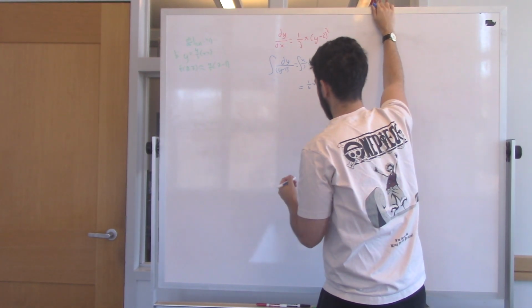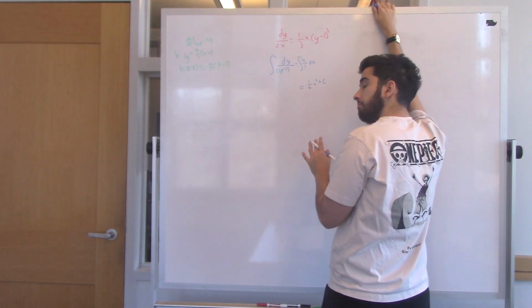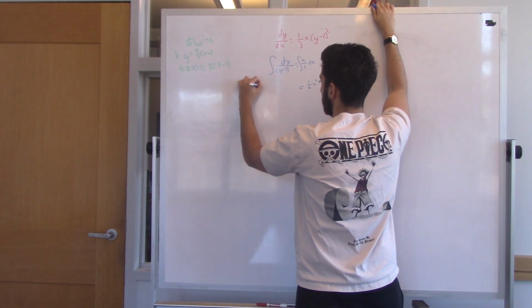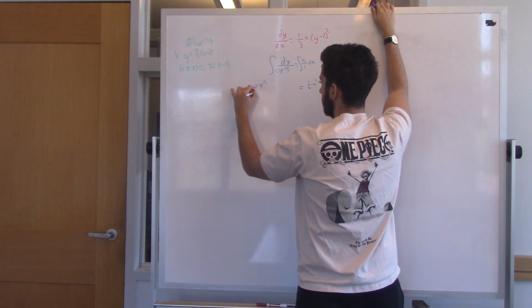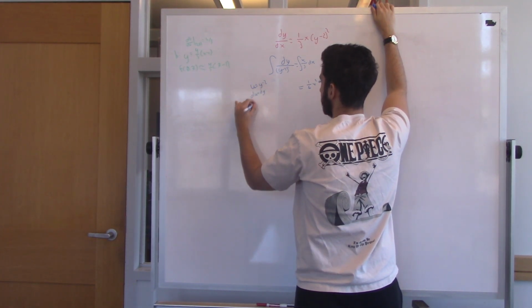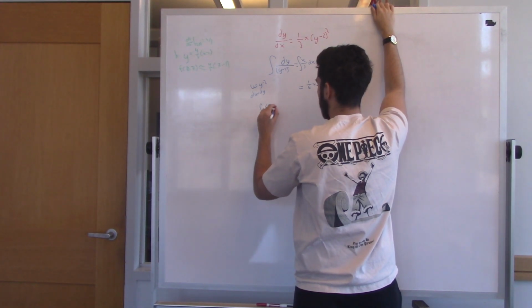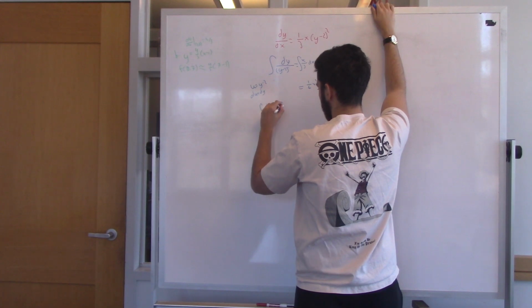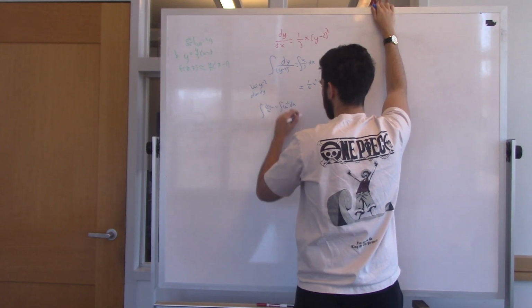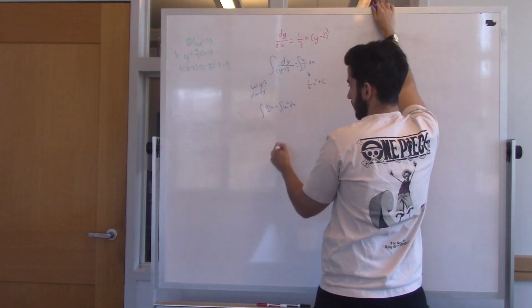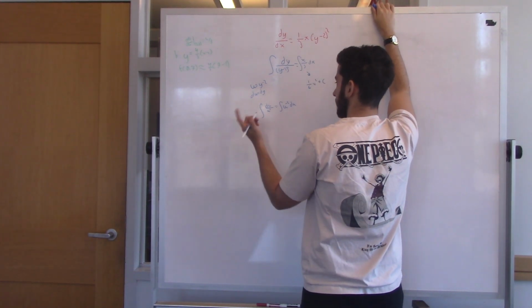Okay, now for this left hand side, it's a bit trickier, but not bad. We're going to let u equal y minus 2, du equals dy. So we then get the integral of du over u squared, which is the same thing as the integral of u to the negative 2 du. Okay, so let's just integrate.